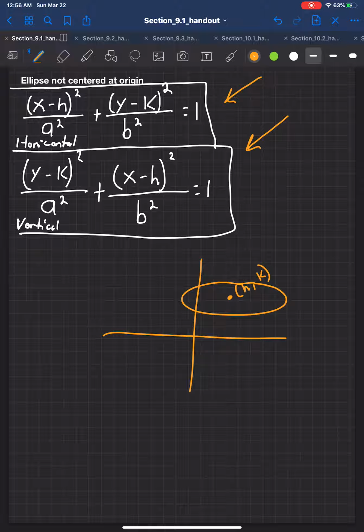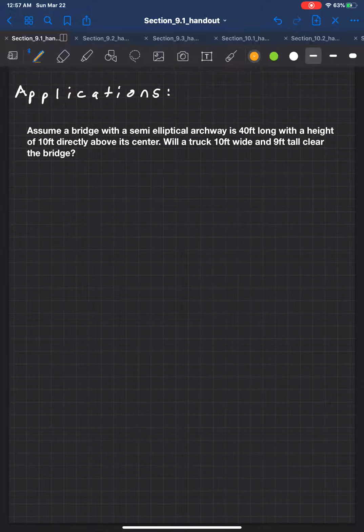So everything that I've taught you applies. You have all the theory that you need. You'll get a little bit of exposure in the homework to how you adjust when it's not centered at the origin. But long story short, find the new center, and then that is how you'll get to your result.